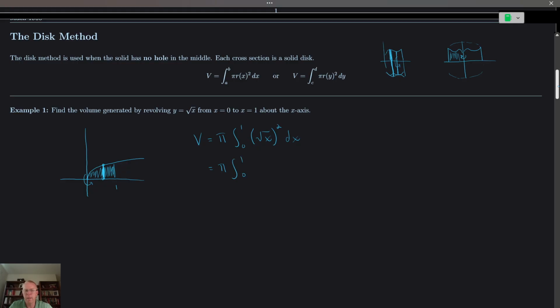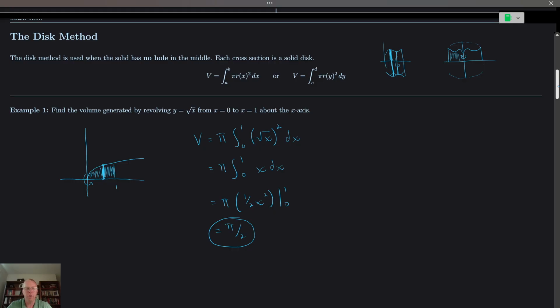Square root of x squared is just x. Now we integrate, and we get 1/2 x squared from 0 to 1. And this is just going to be pi over 2. So pi over 2 is the volume when we rotate around the x-axis.